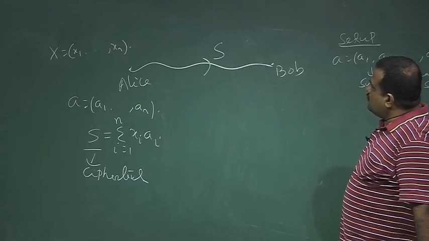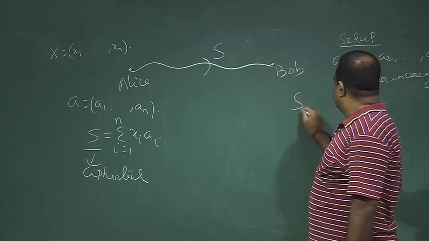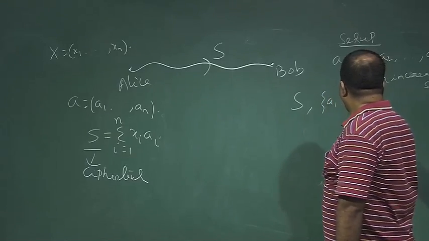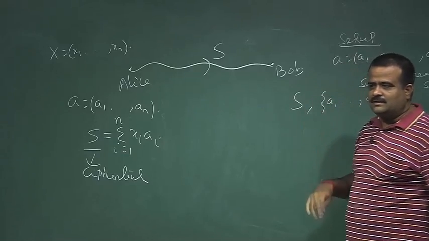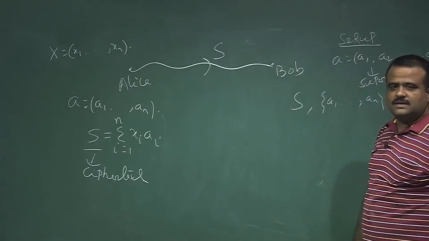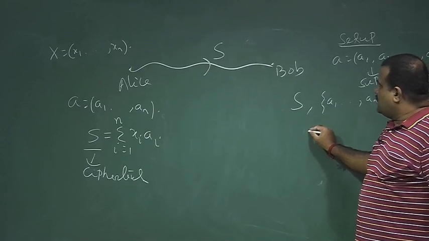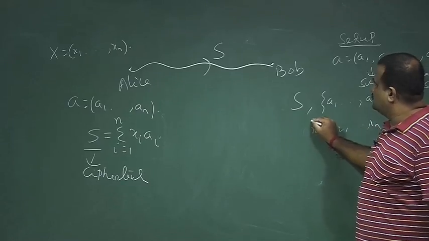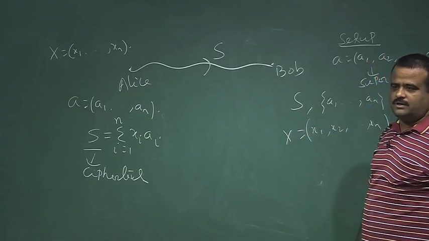Now Bob gets S, and Bob has this super increasing sequence. So Bob will apply the polynomial time algorithm which we have just discussed, and Bob can get x_1, x_2, ..., x_n, the message. This is the decryption by Bob.